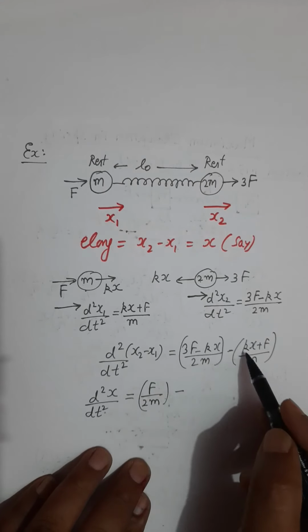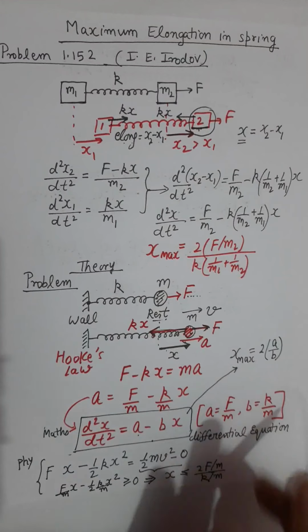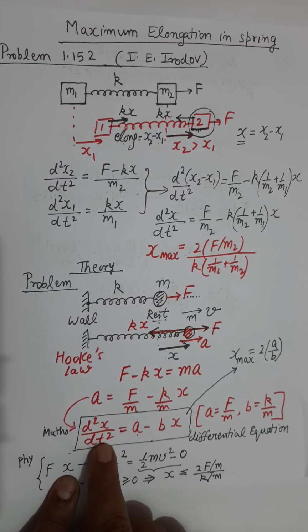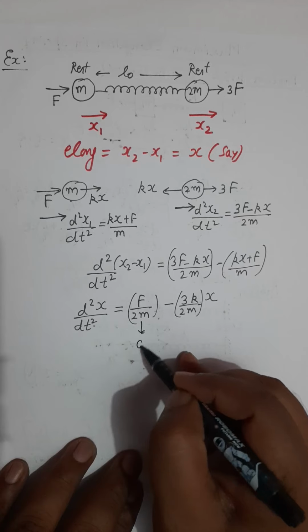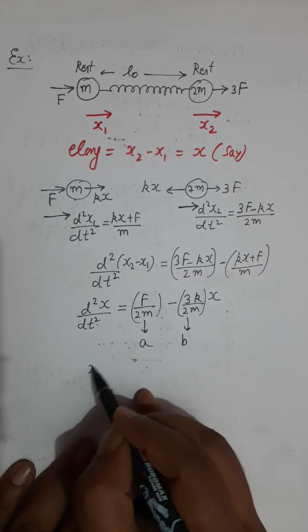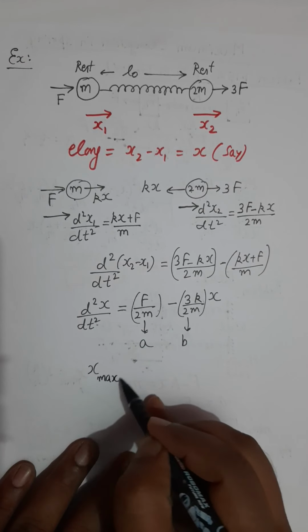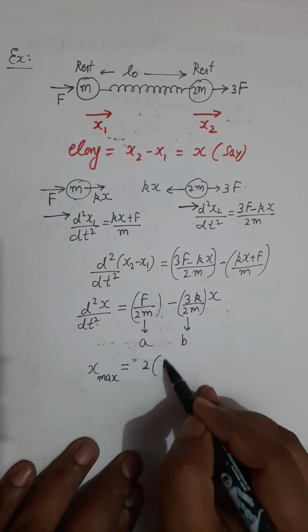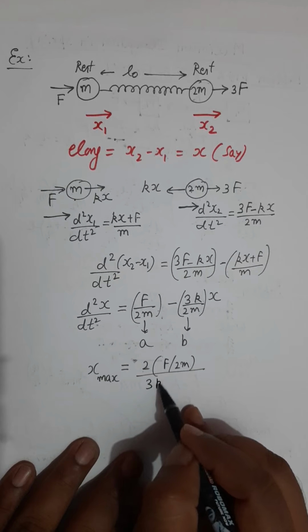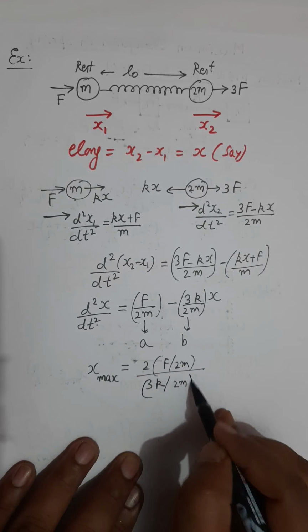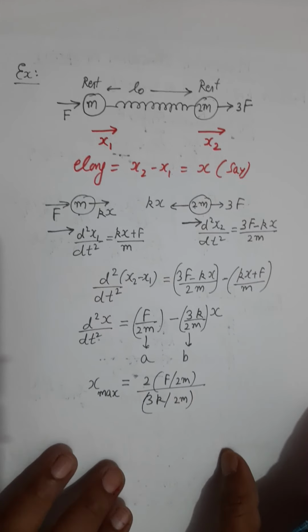This is again in the same format: d2x by dt2 equals a minus bx. So the maximum is 2 times a by b. This is our constant a and this one is constant b. Now you can directly write down that the maximum elongation will be twice of F by 2m divided by 3k over 2m. So this is the answer for the question.